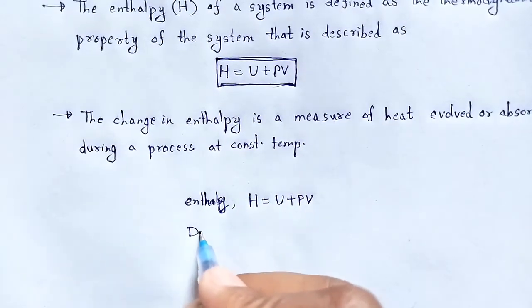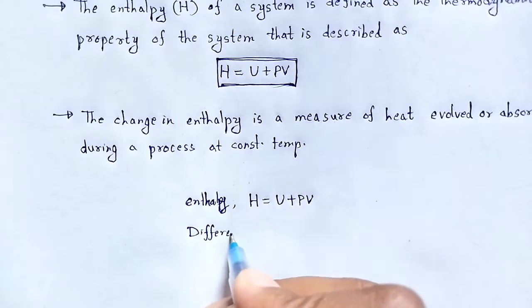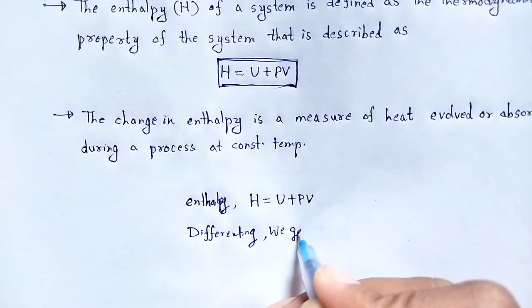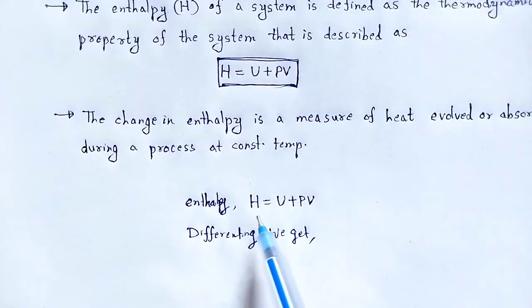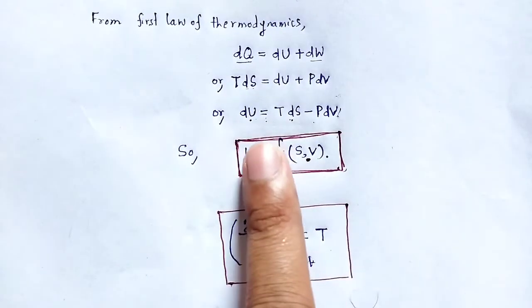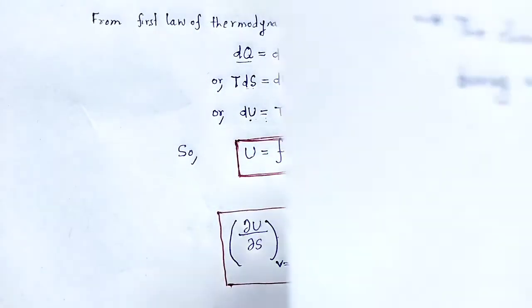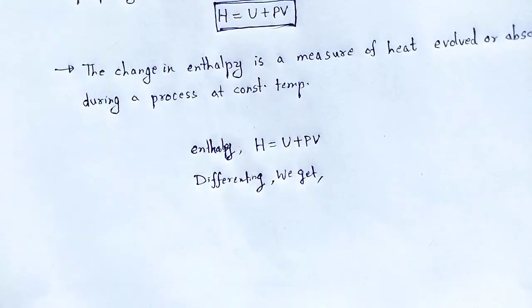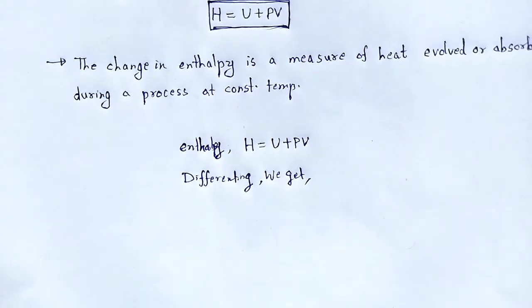And now differentiating, we get... look at the terms like dS. Previously we discussed dU. These terms are exact differentials, in the sense that any function which is independent of the particular path and depends upon the initial and final position.